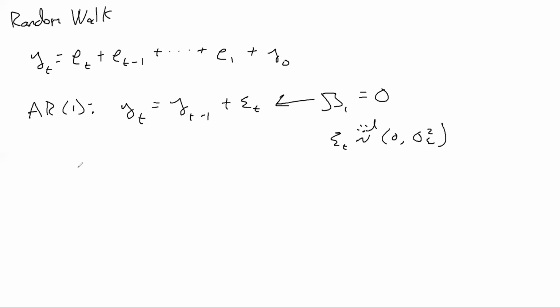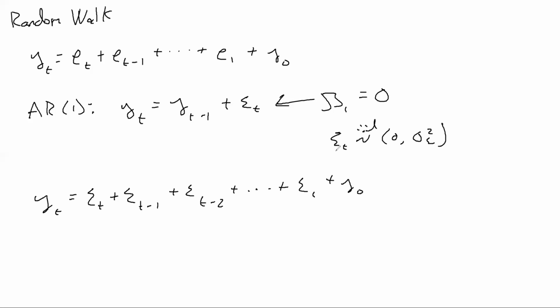Because of Y_{t-1}, our value for today would be equal to the error term for today, plus, because beta is equal to 1, the error term before, plus the error term before that, all the way to the error term in the beginning, error 1, plus the initial value.